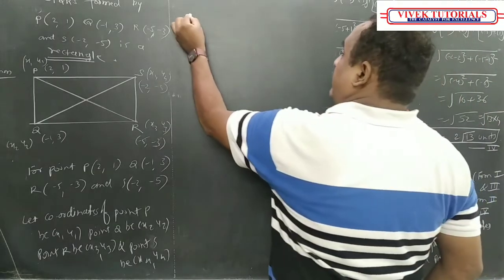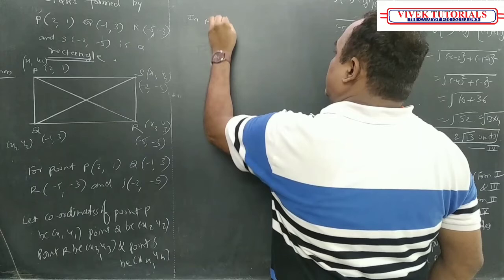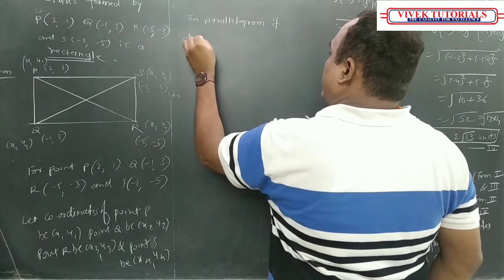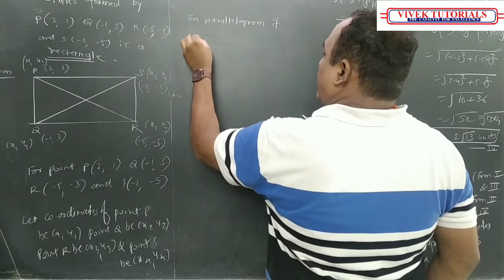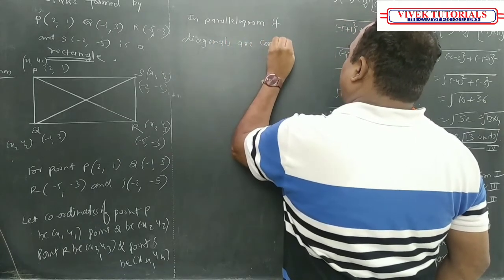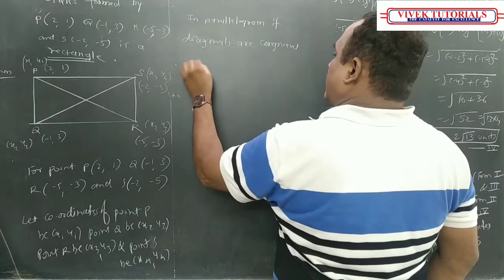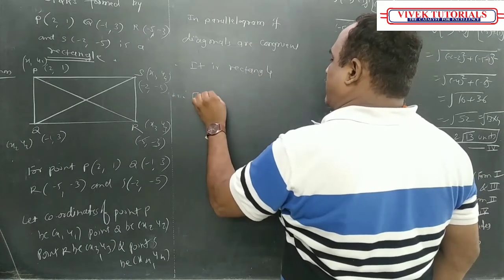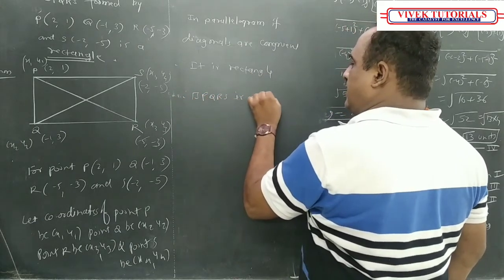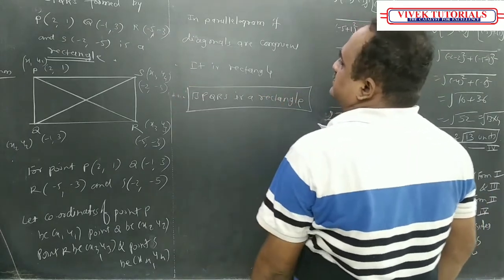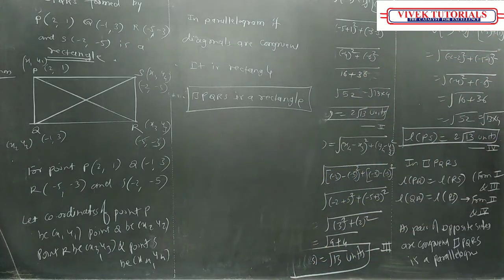We are going to write the statement: in a parallelogram, if diagonals are congruent, it is a rectangle. Therefore, quadrilateral PQRS is a rectangle. That we are going to put in a box, and this is your answer. Quadrilateral PQRS is a rectangle. So now you have to copy it down.